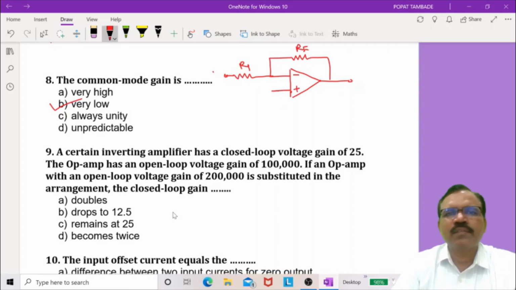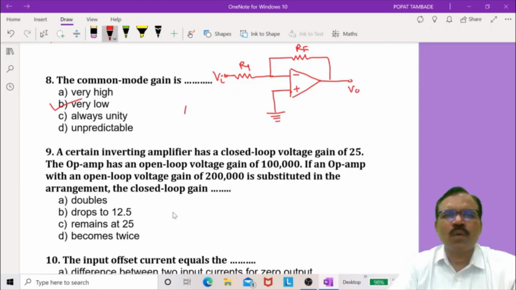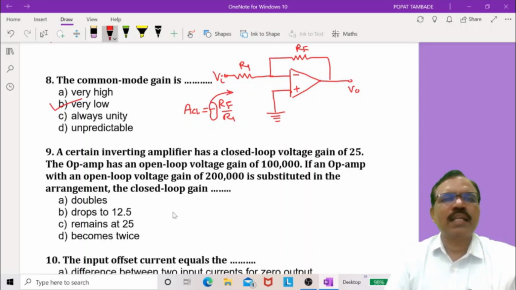Now in the inverting amplifier, the non-inverting terminal is connected to ground. So V0. Now ACL in this case is minus Rf upon R1. This minus sign is because the output is inverted. So generally Rf upon R1 is the closed loop gain.